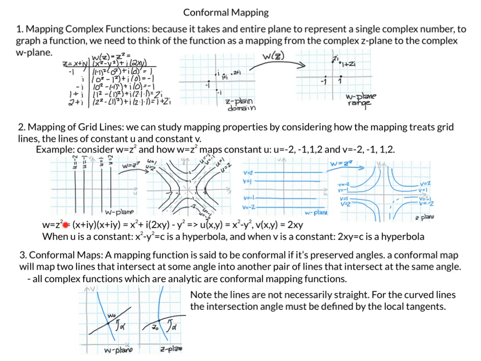We see algebraically that when we looked at w equals z squared, we substituted x plus iy and then squared it. And then we found our u function, the real part, is equal to x squared minus y squared, and our imaginary part was equal to 2xy. When we set u equal to a constant, we get a hyperbola. When we set v equal to a constant, we also get a hyperbola.